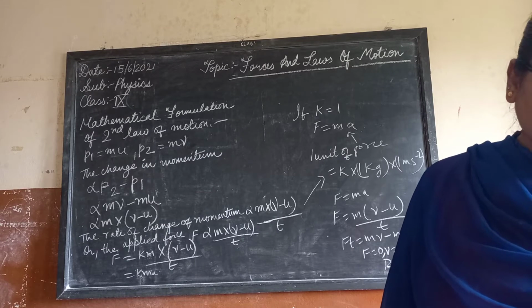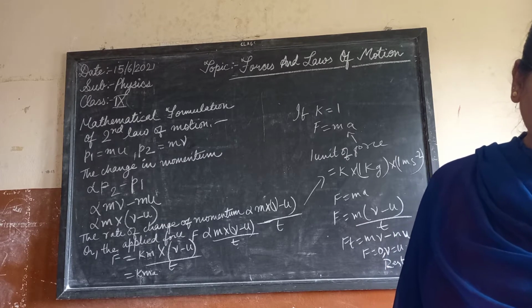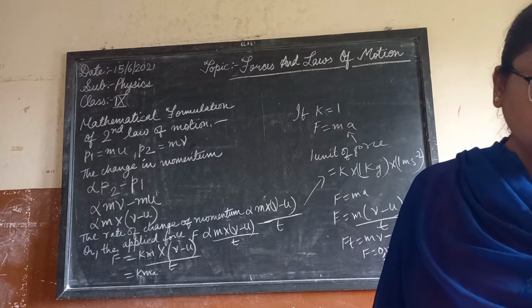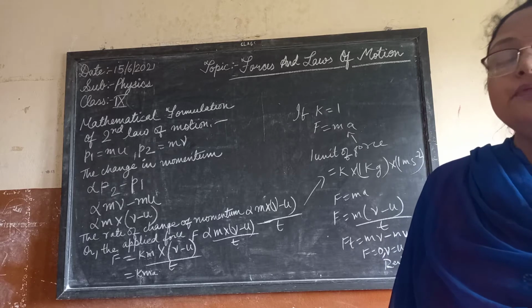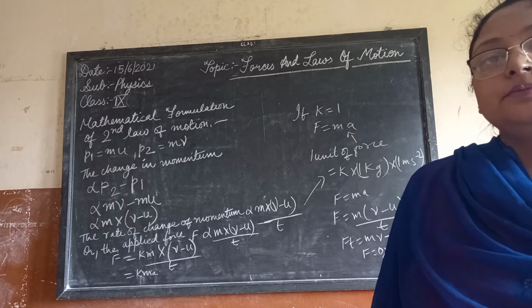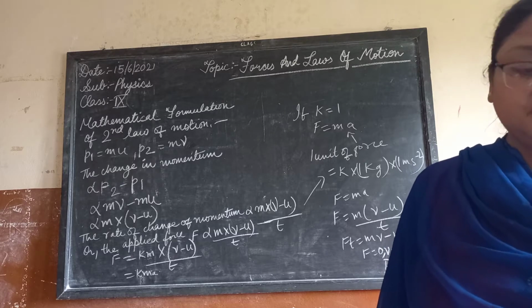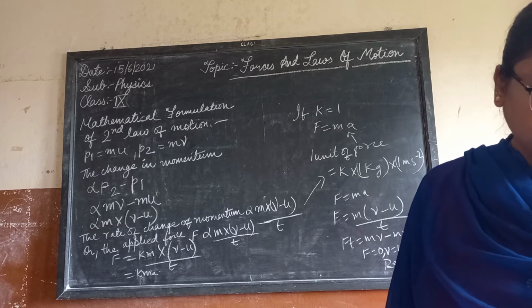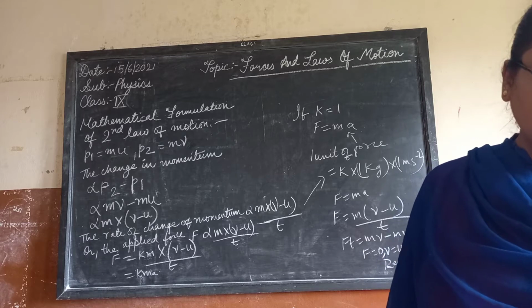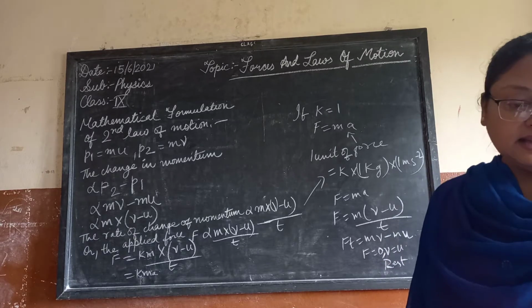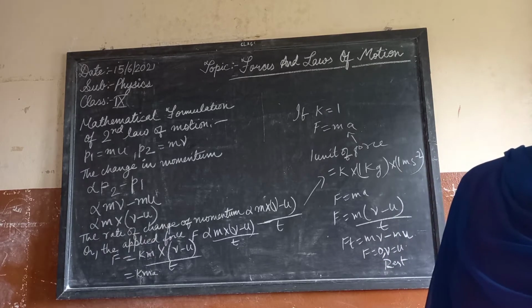The initial and final momentum will be p1 and p2. V will be the final and u will be the initial velocity, and the force will be given by F and the time by t.